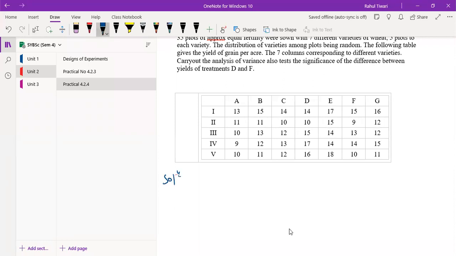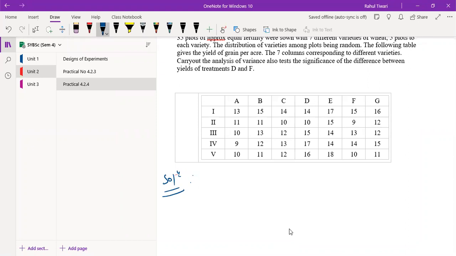So what you have to do, we need to find out how many treatments are there. So how many treatments are there? Anyone can tell me? 7, correct.